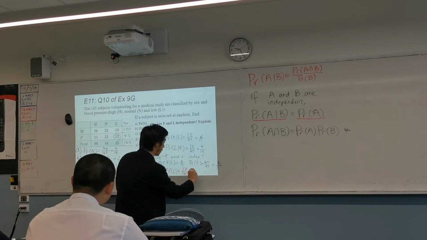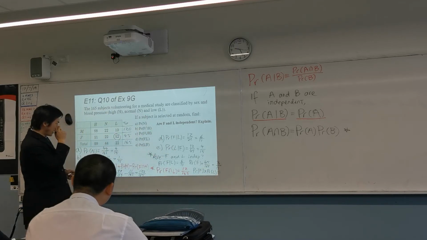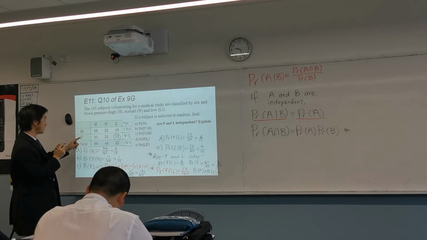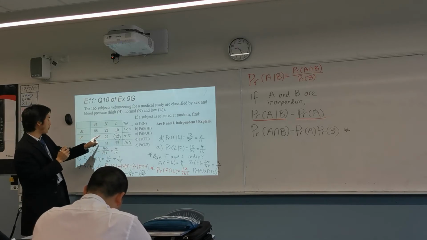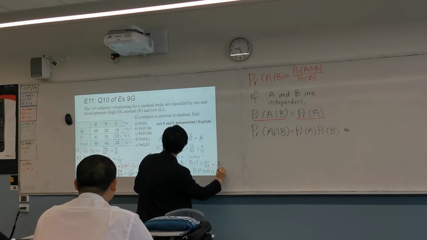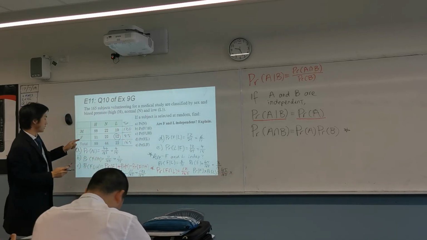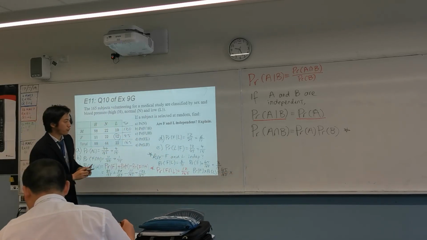The product of those, F times L, is the product of females, that's 45 out of 165, times 22 out of 165.